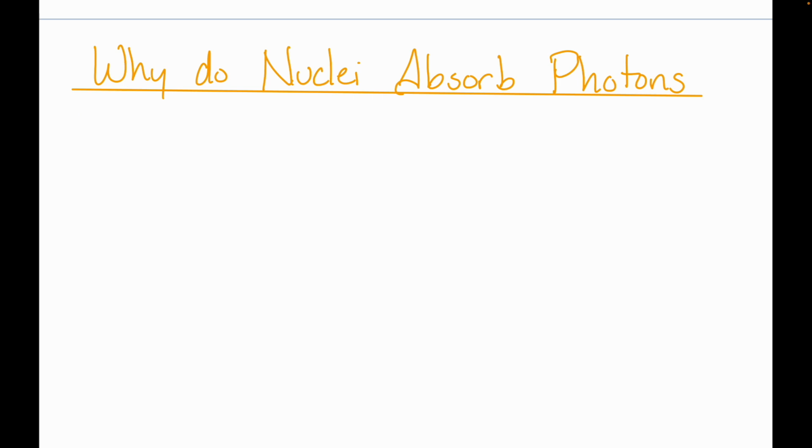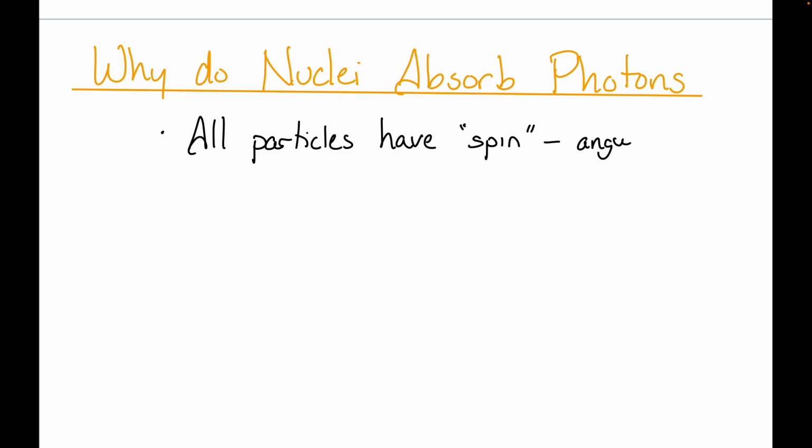Turns out that all particles have this concept of spin associated with them. All right? So, all particles have what we call a spin, or what's more proper, angular momentum.